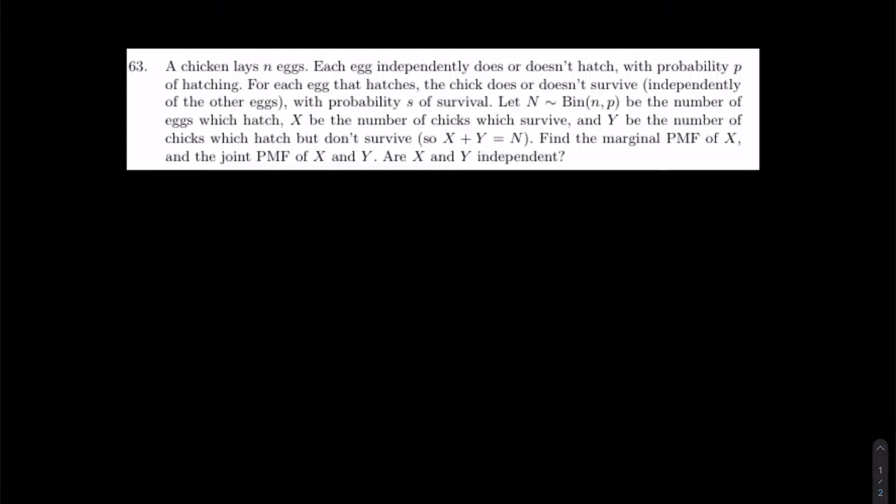Okay, so first of all, we know that hatching is given with probability p, and survival is given with probability s, and we also know that n is distributed binomial with n and p, and then we know that x plus y are equal to n.